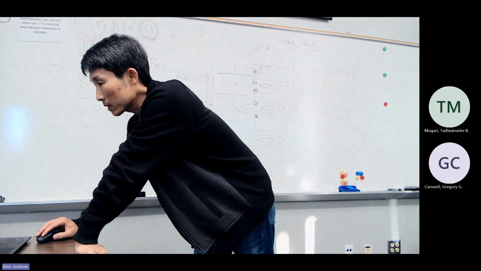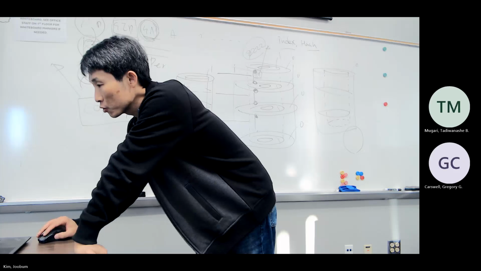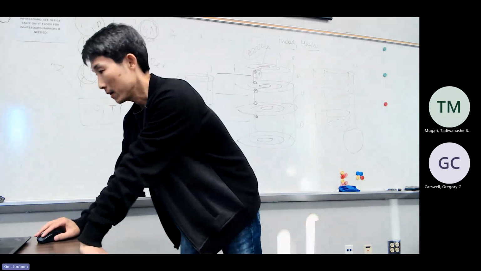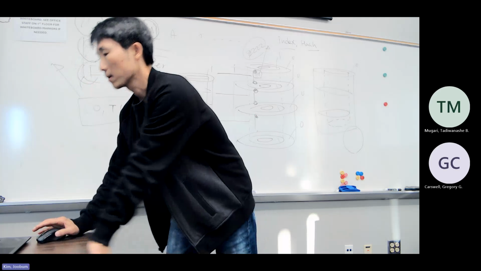But in an index table, this is alphabetically sorted. So French is F, so it should be placed here between D and G. Make sense? And then the record address is 8.